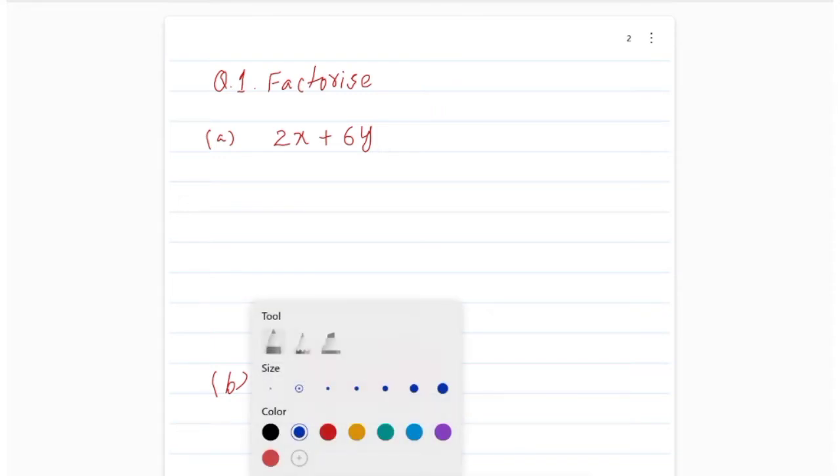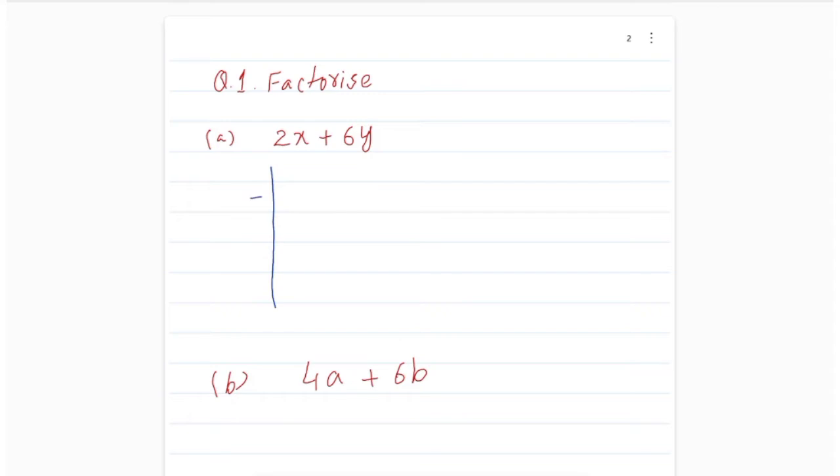So we are factorizing. We'll be writing 2x plus 6y, and then we'll be looking for the number which is dividing both 2 and 6. Obviously 2 is there, so we'll be dividing by 2. So 2 ones are 2x, and x remains the same, plus, 2 how many times is 6? It's obviously 3. Yes, you're right.